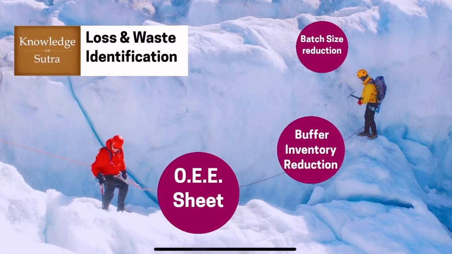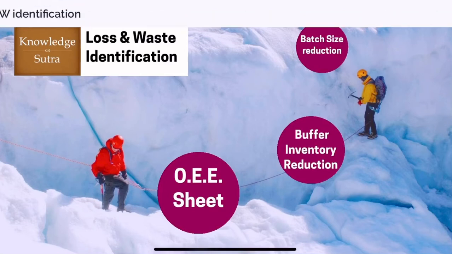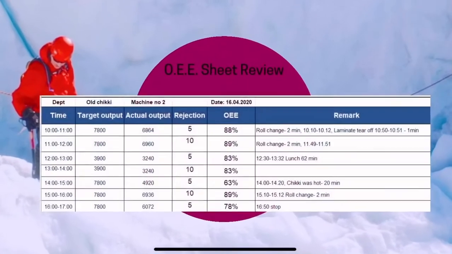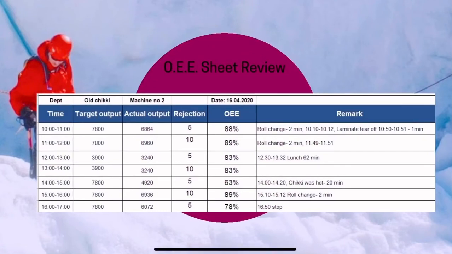The first way of identifying loss and waste in any manufacturing system is implementation and review of the O.E.E. sheet. The O.E.E. sheet is a performance measuring parameter review sheet in which we review how the machine has performed during the last production run or the last production hours.